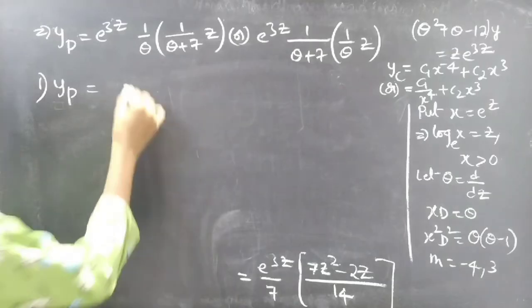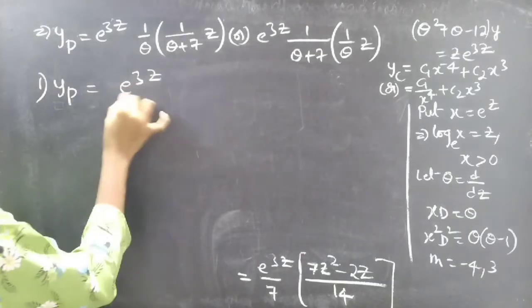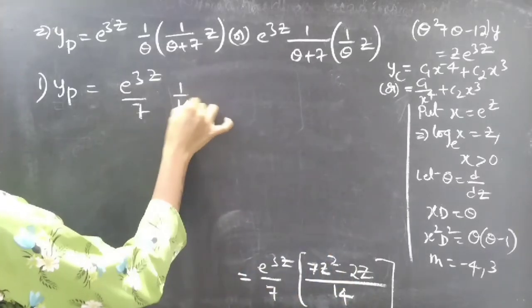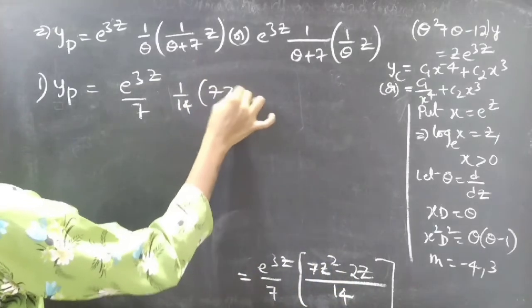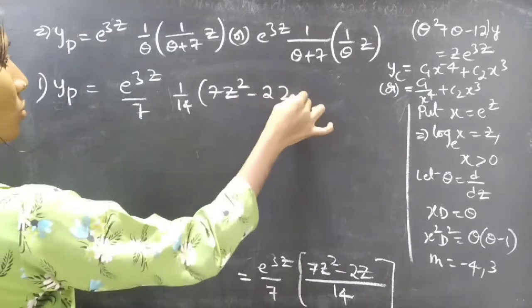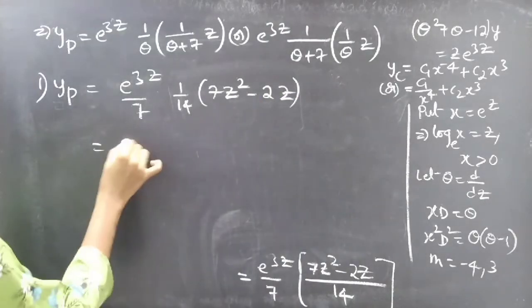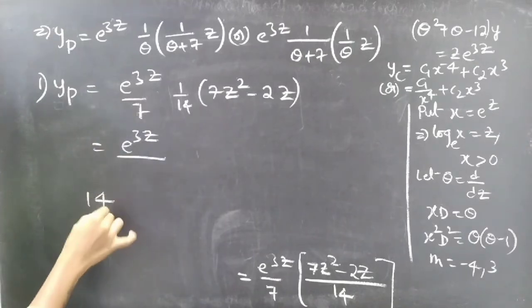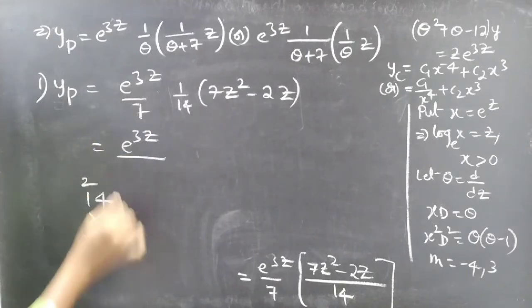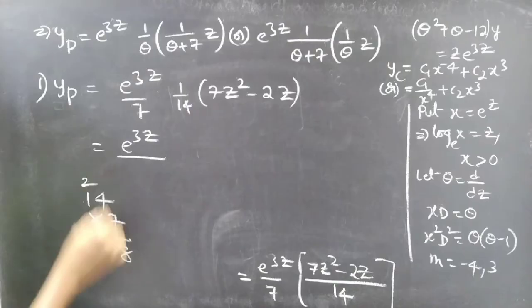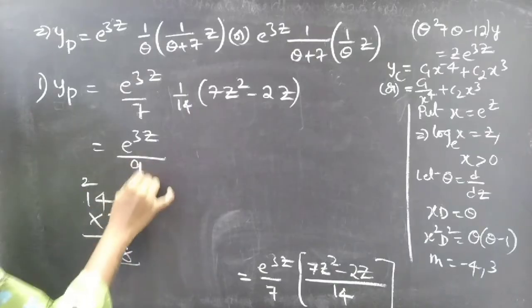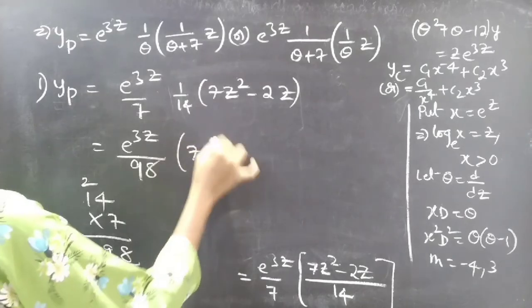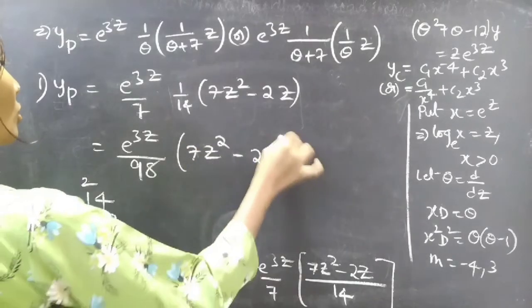Yp becomes e power 3z by 7 into, now split this fraction as 1 by 14 into 7z square minus 2z, which equals e power 3z by 14 sevens are, 7 4s are 28, 7 1s are 7, 7 plus 2 is 9. So e power 3z by 98 into 7z square minus 2z.